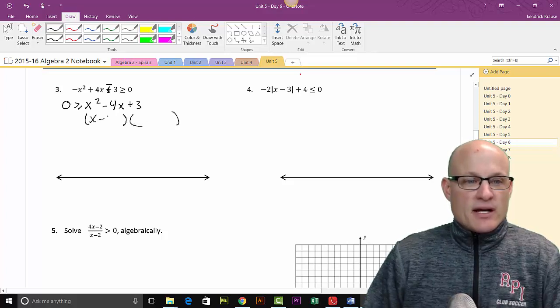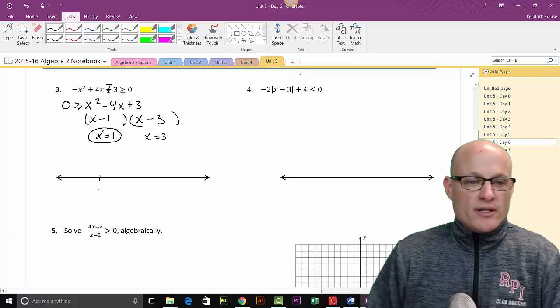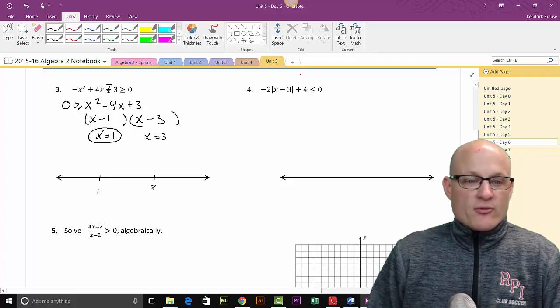So it's x minus 1, x minus 3. So this gives me x equals 1, and this gives me x equals 3. So there's my two critical numbers, 1 and 3. It's greater than or equal to, so I'm going to put closed circles in.